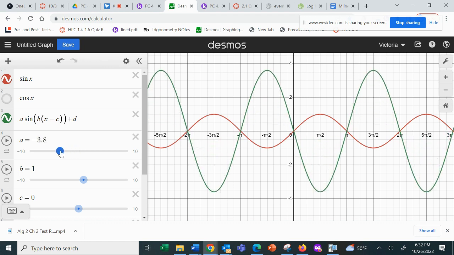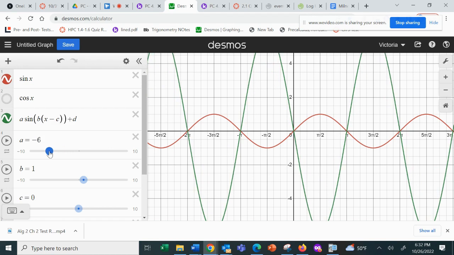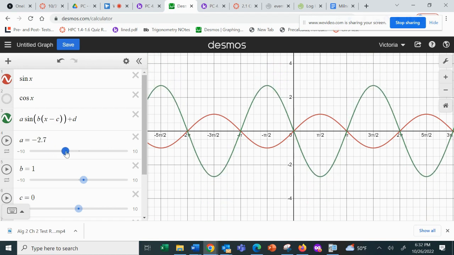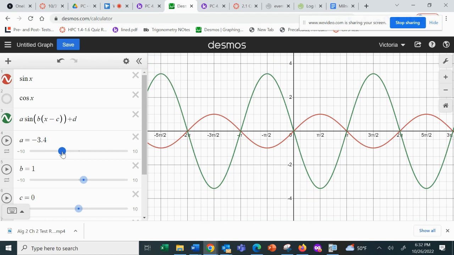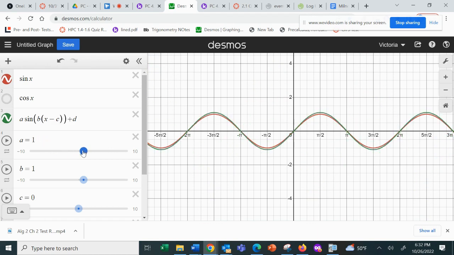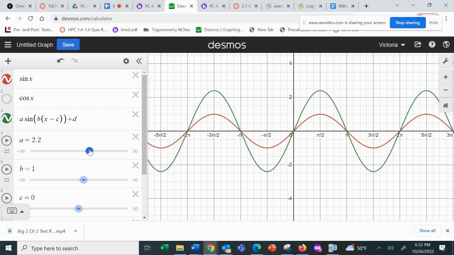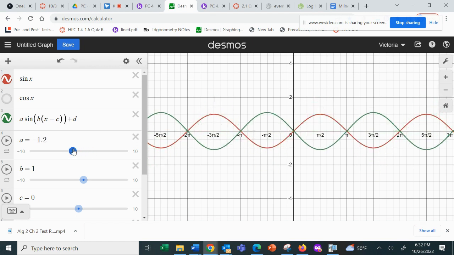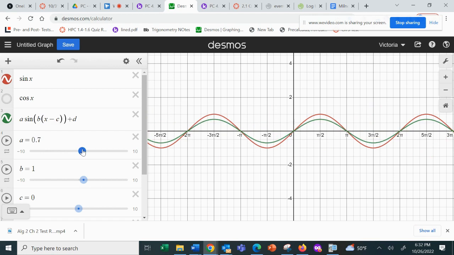Okay, and we can just have a more stretched but also reflected sine graph, the bigger negative number I have. So that is what the A value does. It's a vertical shrink or stretch, and if it's negative, there's also a reflection, but 2 separate transformations. My B value is next.